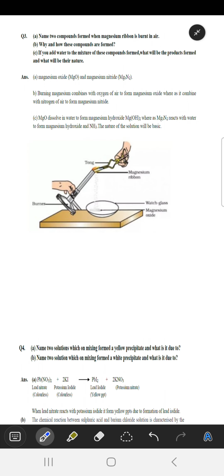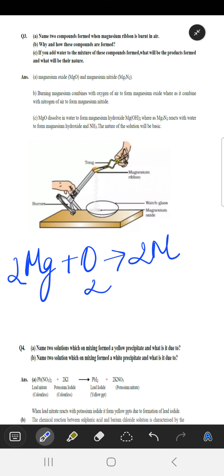The next important question is: name two compounds formed when magnesium ribbon is burned in air. As we have discussed in the previous video, when magnesium reacts with oxygen, we get magnesium oxide, which is a white powder.